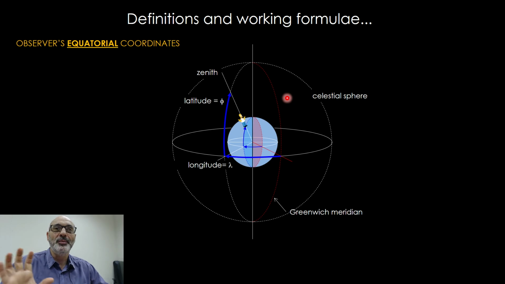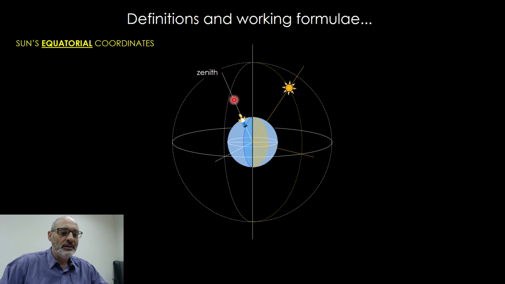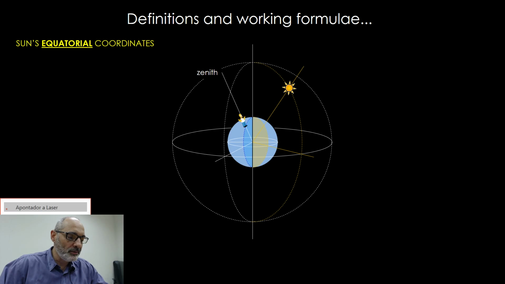What I need now is to know where the sun is, because I need to point my mirrors to the sun. So I have to define the position of the sun in terms of equatorial coordinates. Let's suppose the sun is in this particular meridian here, at a given position.